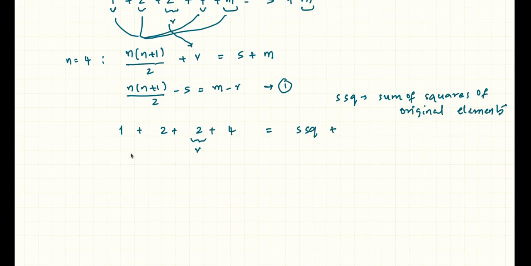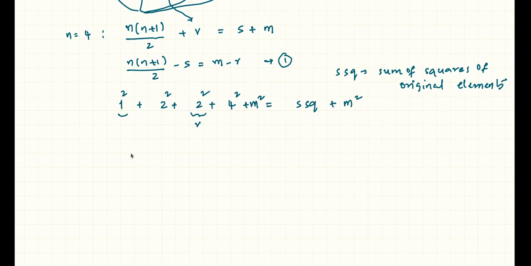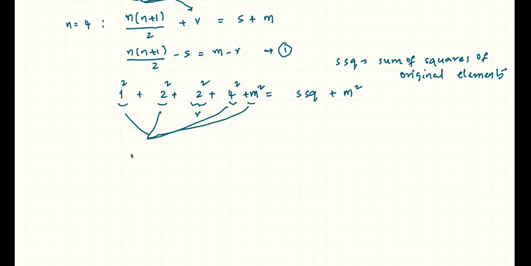So let's take the squares of all these numbers, and let's add the missing number square on both sides. Again, all these four are basically the summation of the squares of the first n natural numbers, which is n into n plus 1 into 2n plus 1 divided by 6.